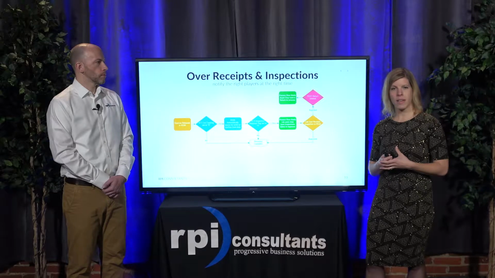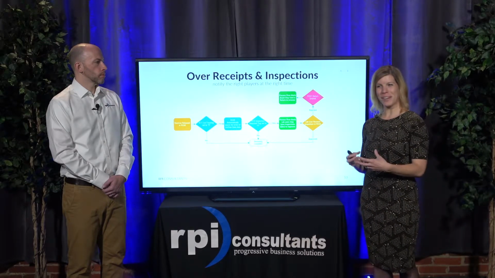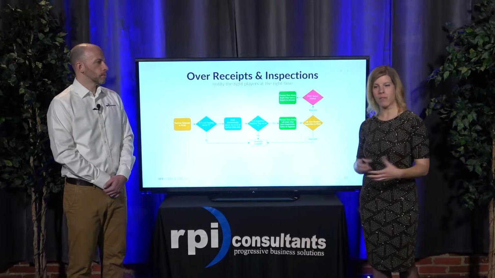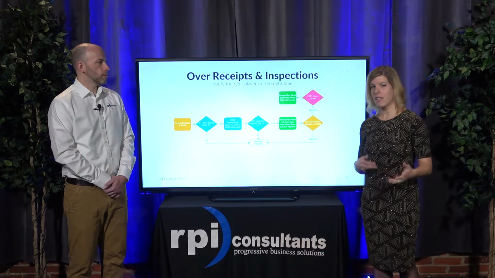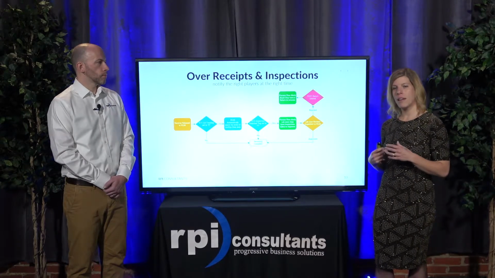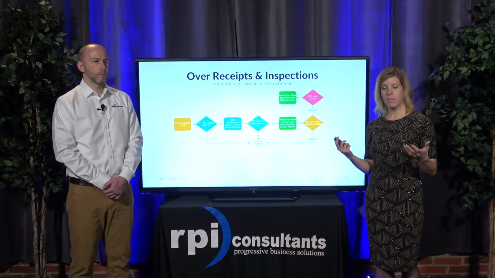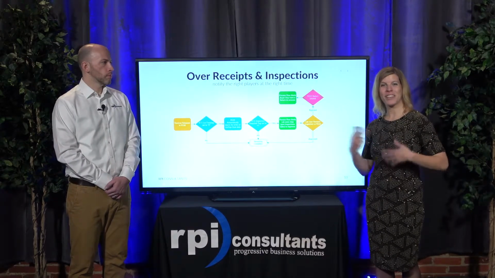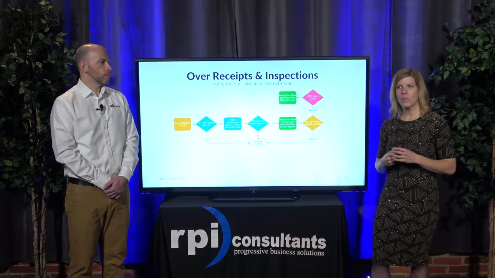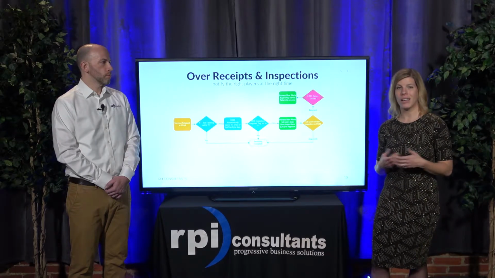And so basically the receiver needs some instructions once that receipt happens to just bring a subset of that product over to the department rather than this huge lot that they may be sending right back to receiving. And then notifying whoever this inspector is that there's something waiting their inspection and whether or not they're going to approve or reject it.